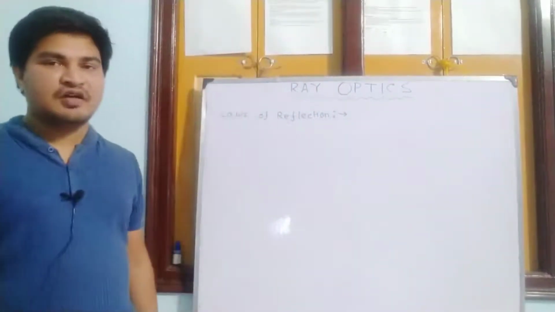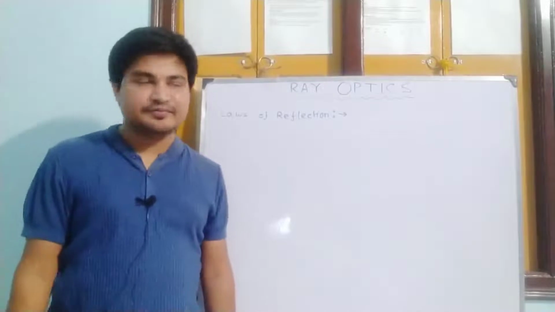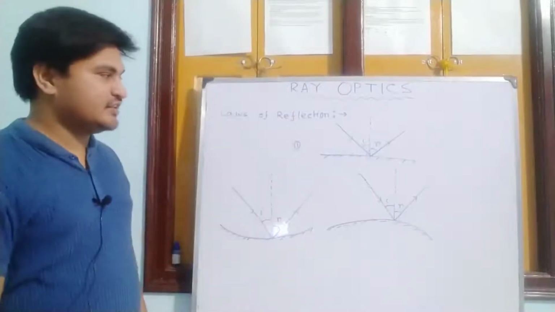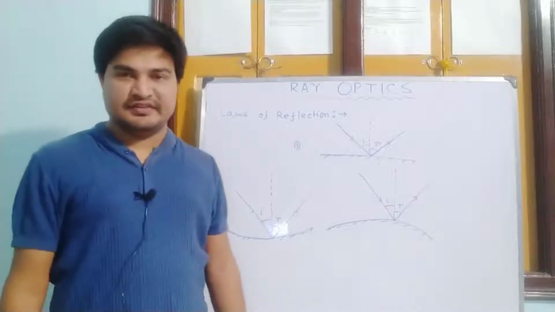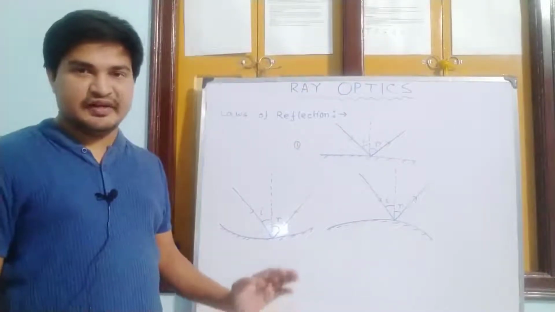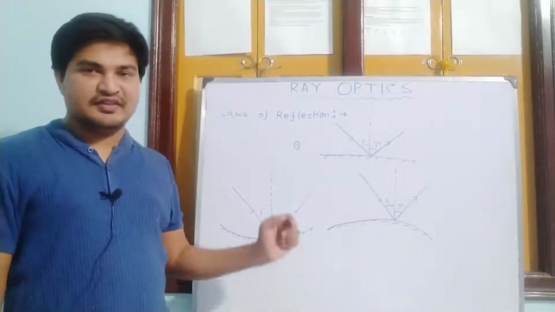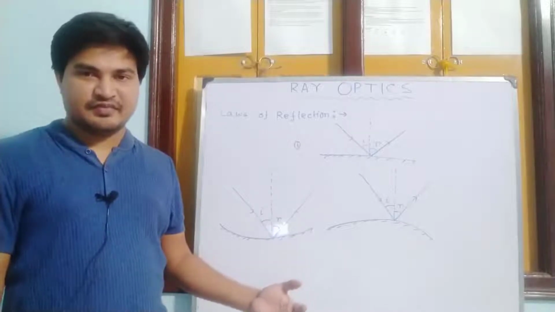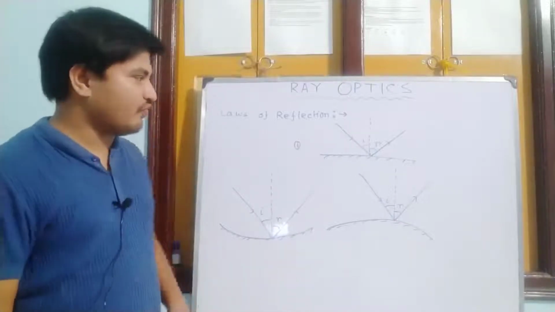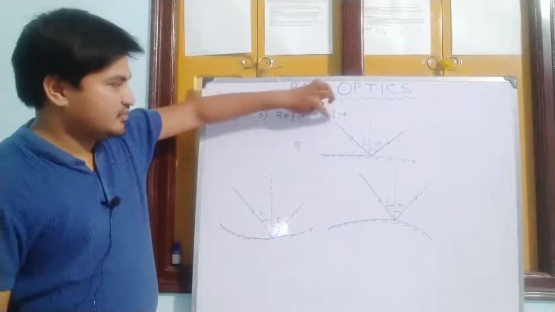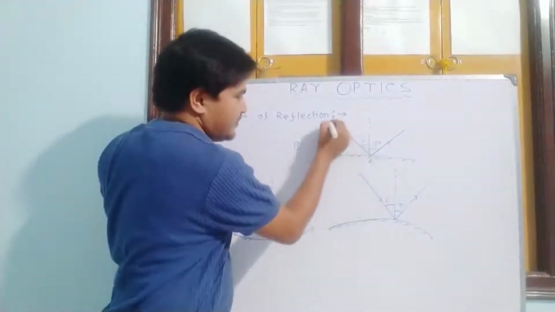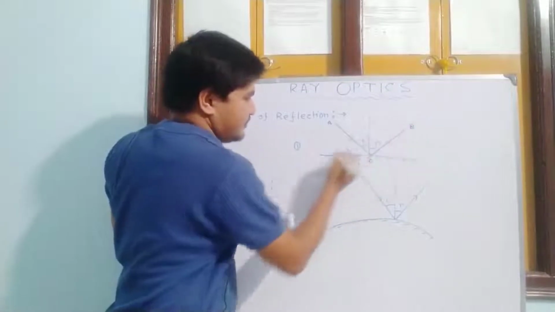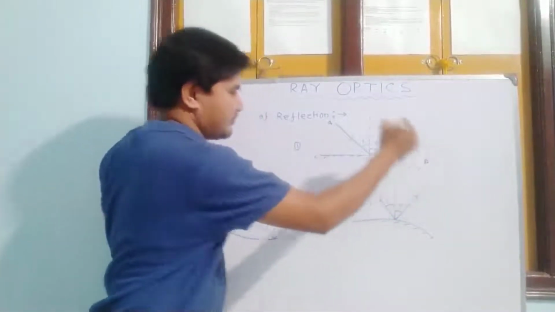There are two definite laws of reflection. The first law of reflection states that the angle of incidence is equal to the angle of reflection. I think you know about angle of incidence, angle of reflection, incident ray, reflected ray. If you forgot, just a rough idea. If I give it a name O, this is A, this is B, this is CD.